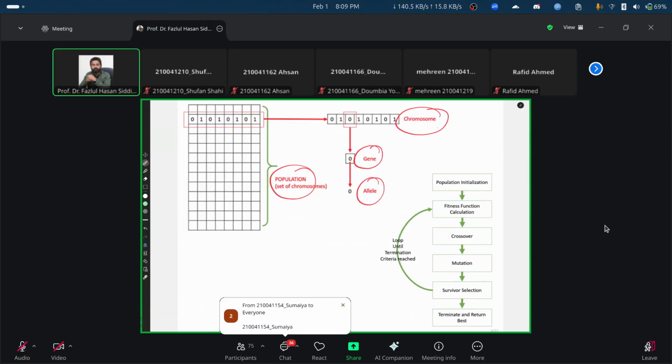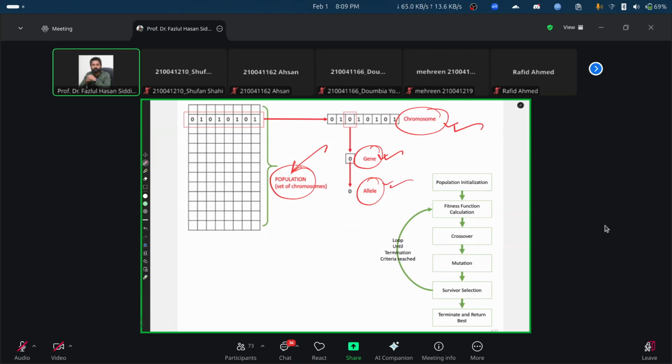A chromosome is nothing but a single solution. A population is nothing but a set of chromosomes, meaning a set of solutions. A gene, in our terminology, we call it a variable or the container, but here they call it a gene. And the allele is nothing but the value inside the variable.